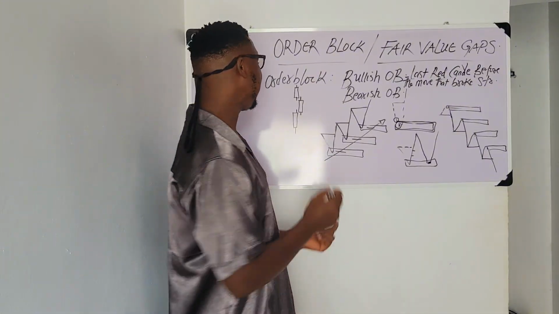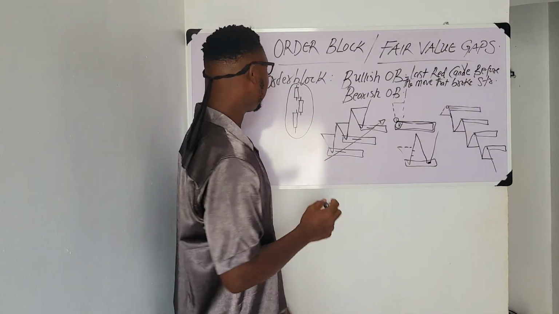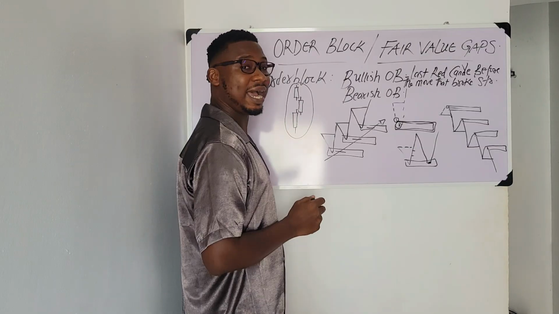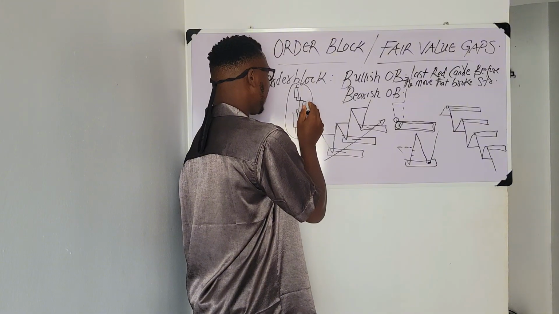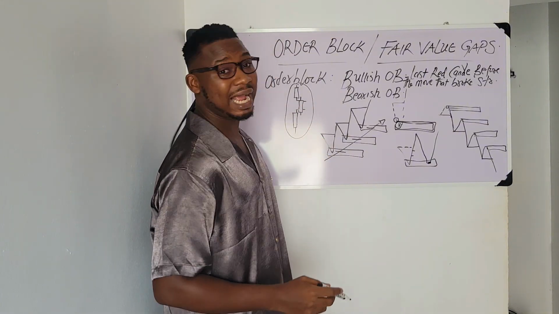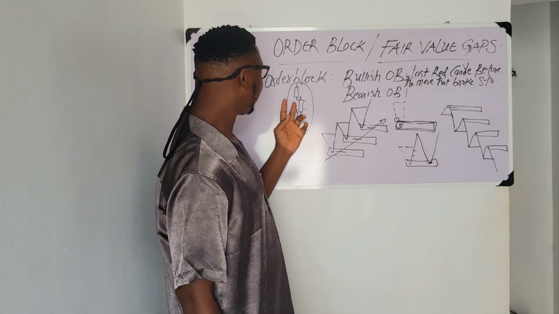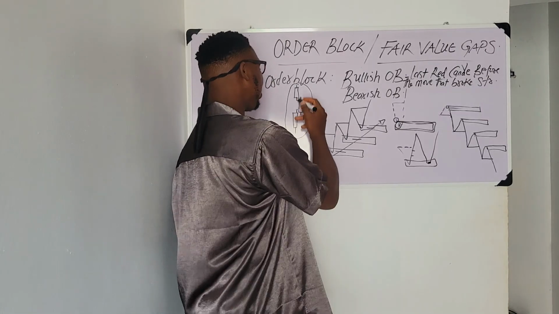Now it is three candles, a three candle setting, where you see the high of the candle and the low of the candle leaving a gap. They are not touching each other.